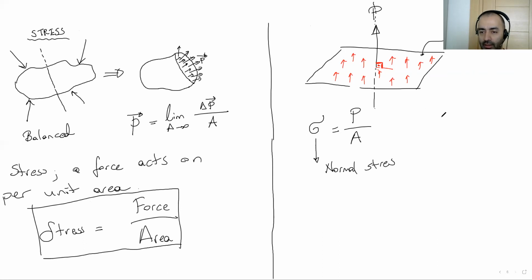Sigma is like a G, like this. In different books you can see it written differently, but sigma is sigma, which is normal stress. When you see sigma, you understand that we are doing P over A, force over area, but this force is perpendicular to the area we deal with.